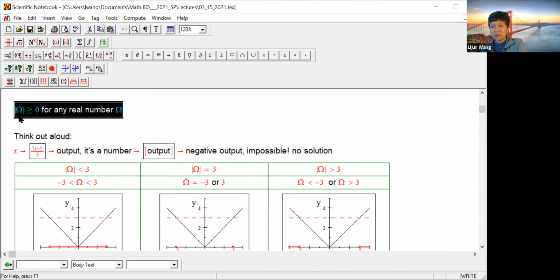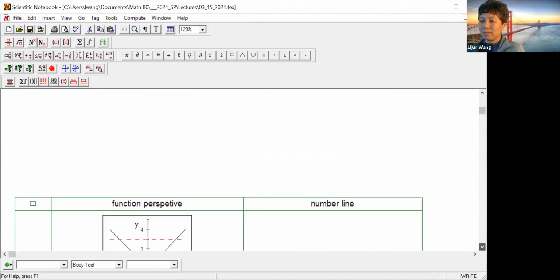This is the one single reason behind the answers on number 7, number 11, number 12, and now number 8. So please everybody work on number 8.